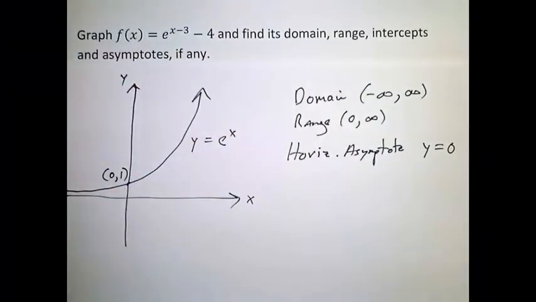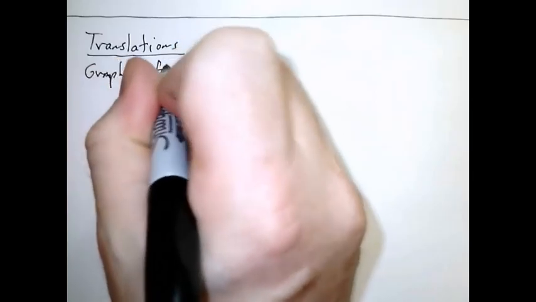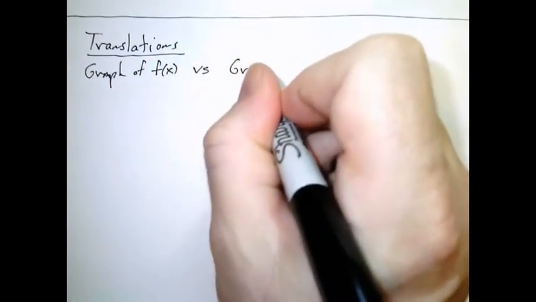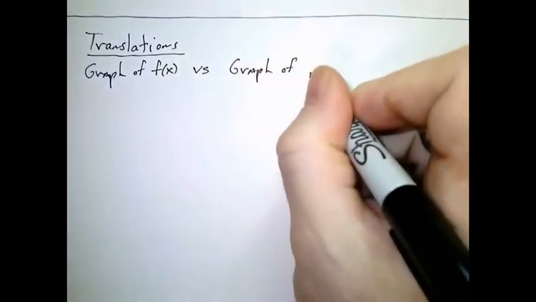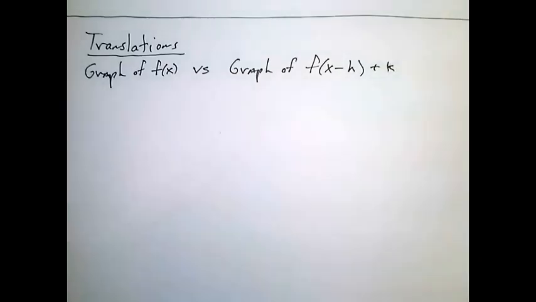So I need to talk a little bit about translations. Okay, so I have the graph of f of x versus the graph of f of x minus h, plus k.